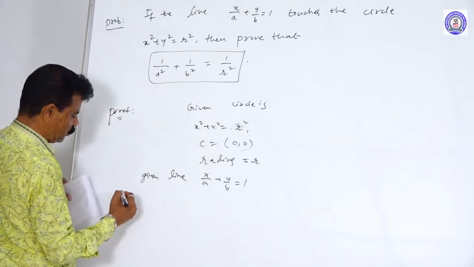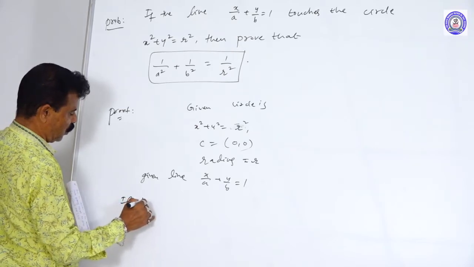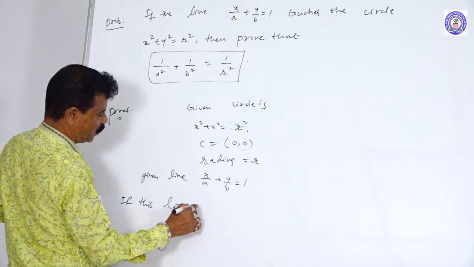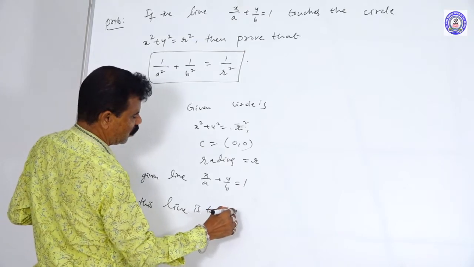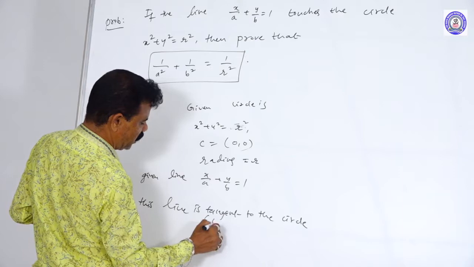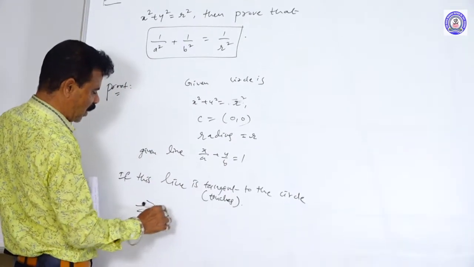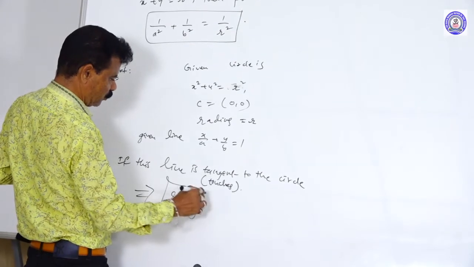If this line is a tangent to this circle, tangent means touches, implies R = D is the condition.